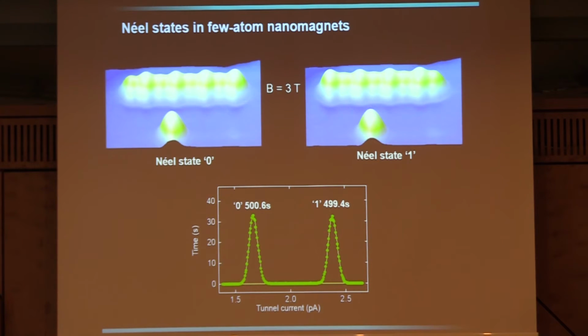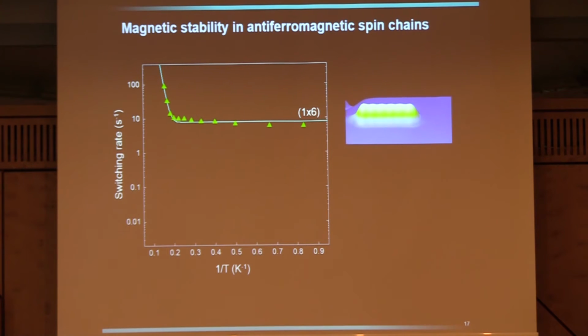Everybody knows that finite length antiferromagnets are in the Heisenberg singlet state, which, if you just write down the Hamiltonian, is completely true. But the experiment tells us differently. The experiment tells us that, at least for these 8 atoms, the Néel states are the stable states, and they're degenerate.